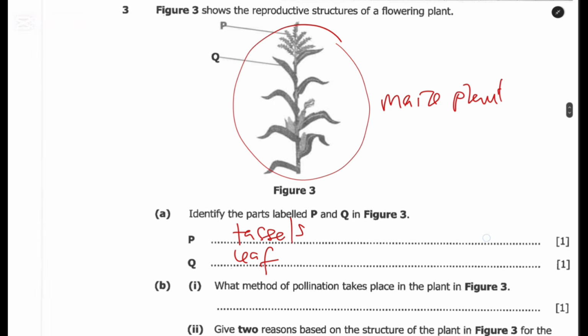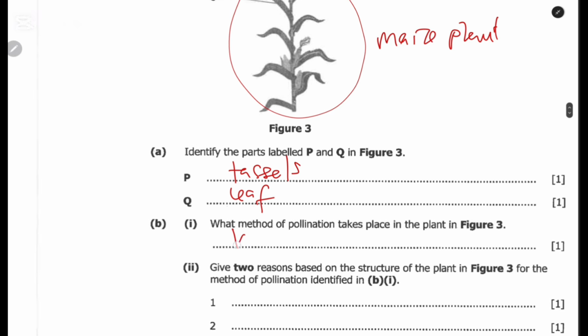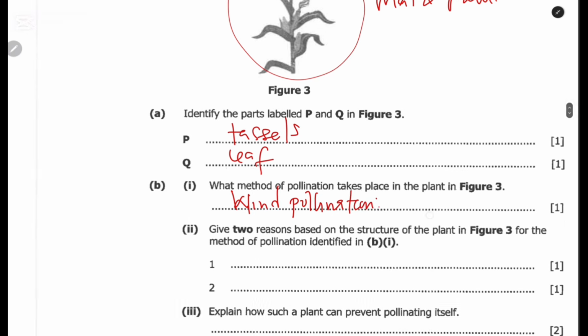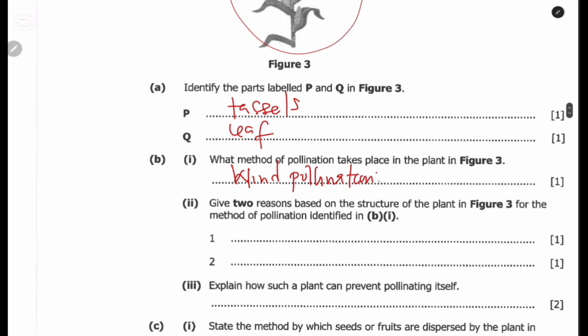All right, then now, what method of pollination take place in the plant in figure 3? So the type of pollination that will take place is wind pollination. Wind pollination. And of course, at some point, I'm sure we'll have to give reasons why. All right, B2, we are saying give 2 reasons based on the structure of the plant in figure 3 for the method of pollination identified in B1. So what are the reasons?